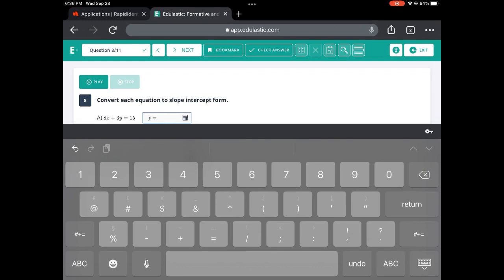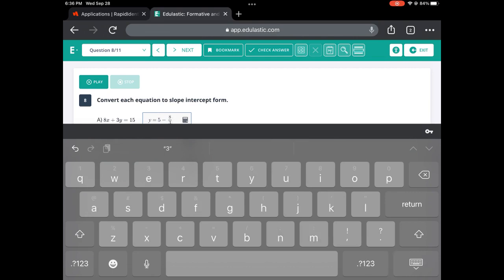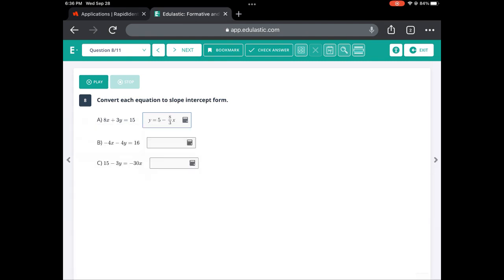The edge elastic will accept it either way, and I will accept it either way. That's just a matter of personal preference. y is equal to b plus mx is the same as y is equal to mx plus b. I can add in either direction, one of the properties of addition. I enter it into my edge elastic, and I'm ready to go.